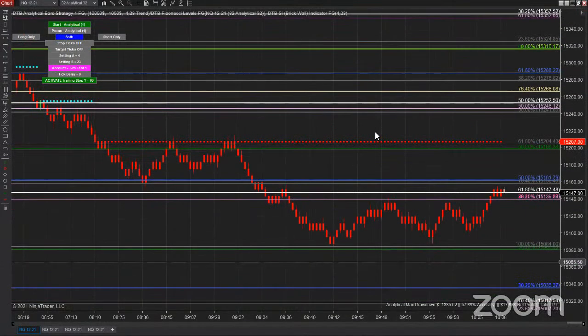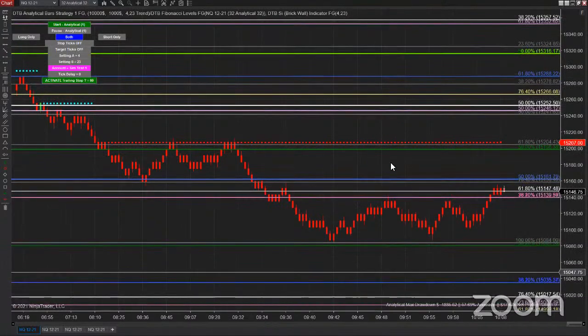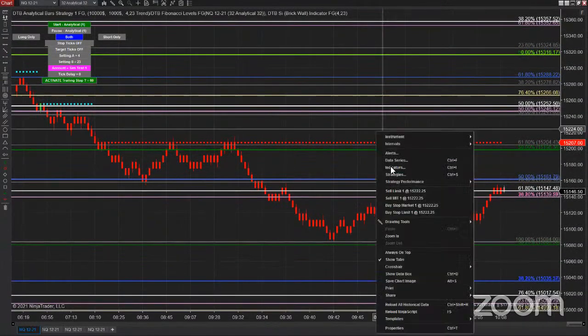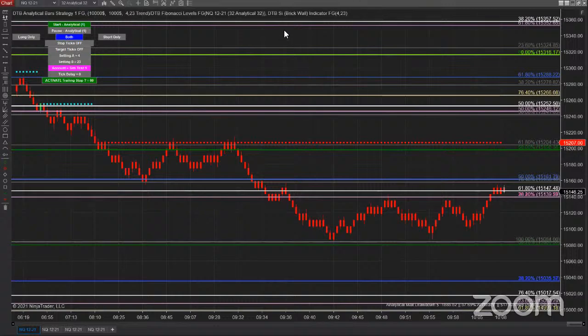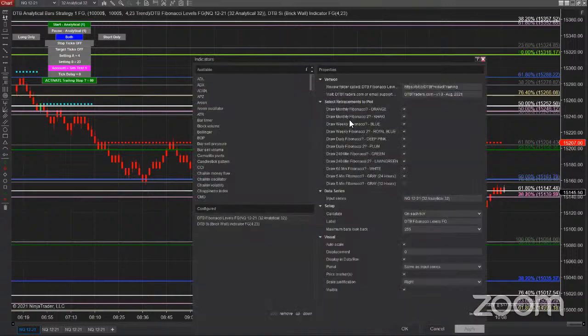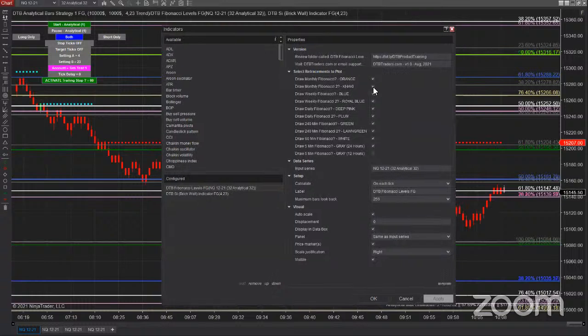If I go to the indicator list and remove some of the Fibonacci levels that we don't need to see at this stage, I'll leave the weekly on because they are extremely powerful, and the dailies we'll leave.